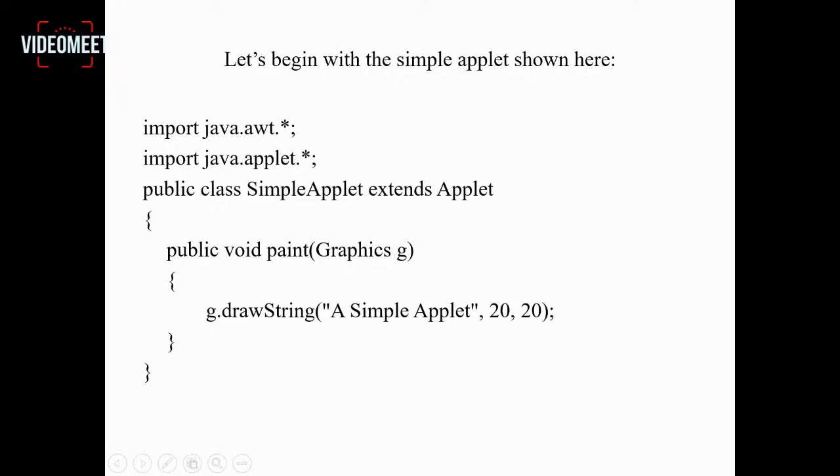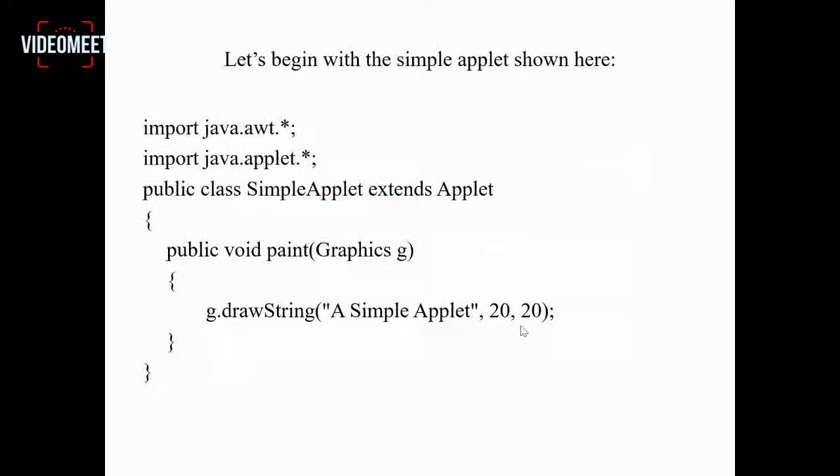Origin will be at the bottom left corner, but here we'll change it to the top left corner. So in our applet window, the top left corner is called the origin, and as you move from left to right, this is called the x-axis and this is the y-axis. So you need to mention at which point in your quadrant you want to display the string. Okay, so I am giving 20 comma 20. That means x value is 20 and y value is 20.